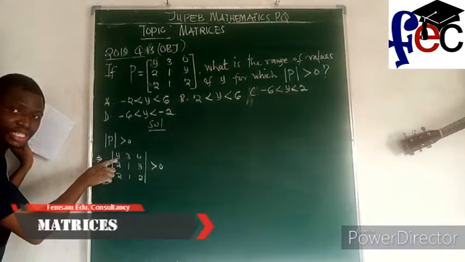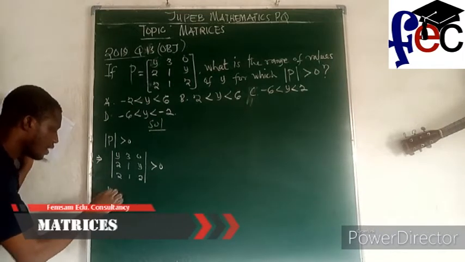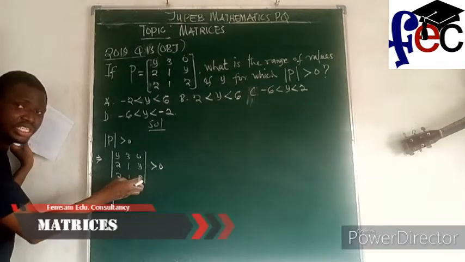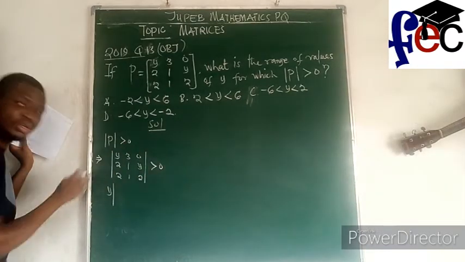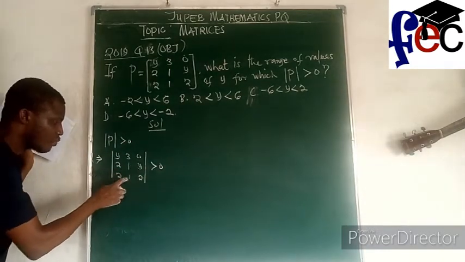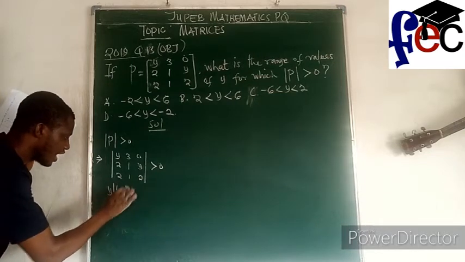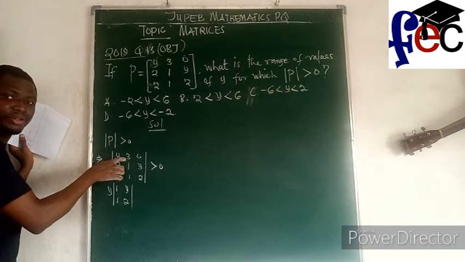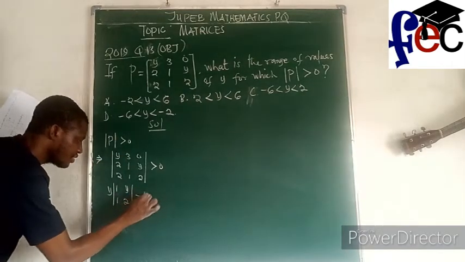So picking this first element y now, y multiplied by the determinant of the 2 by 2 matrix we will see when we close up the row and the column of y. So this will be 1, y, 1, 2. Then the cofactor of 3 will definitely be negative, so minus 3.